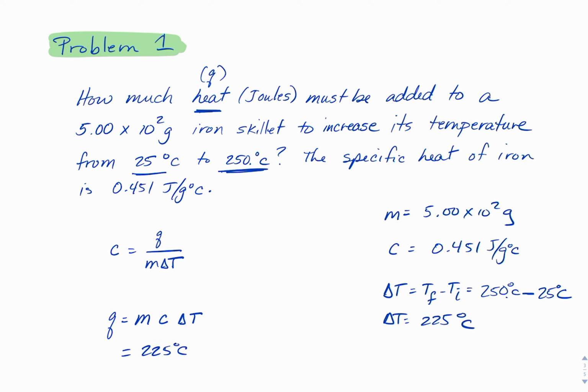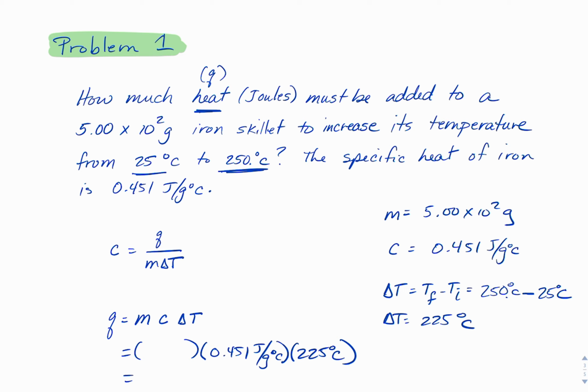225 degrees C times 0.451 joules per gram degree C times the delta T, which is 225 degrees C. This gives us a value that equals, on my calculator, I get a value, but I think I wrote mass wrong here.